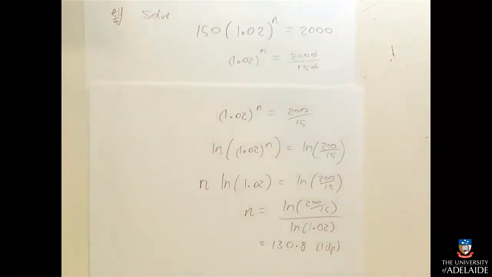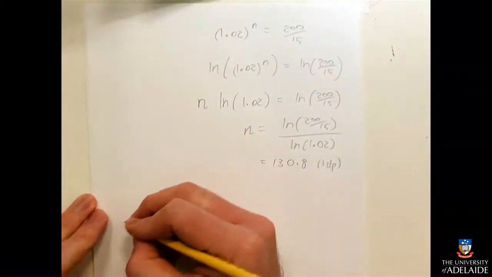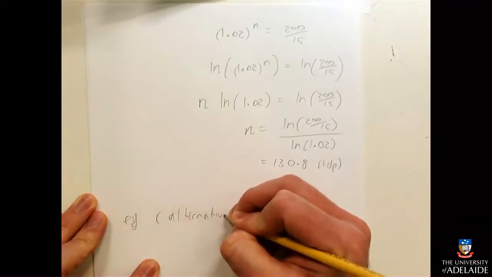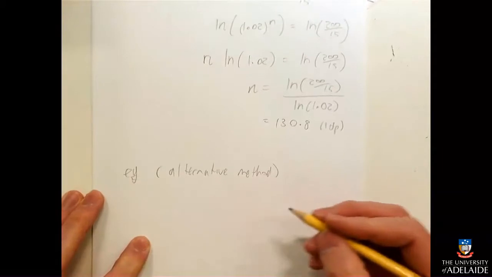Okay, that was the major use of logs for solving equations, to get powers down out of the power. I just want to do it a different way, just to illustrate how the log laws work, even though this is not how you would normally do it, but just to show you that it will still work out anyway. Example, alternative. Let's have a look at this.